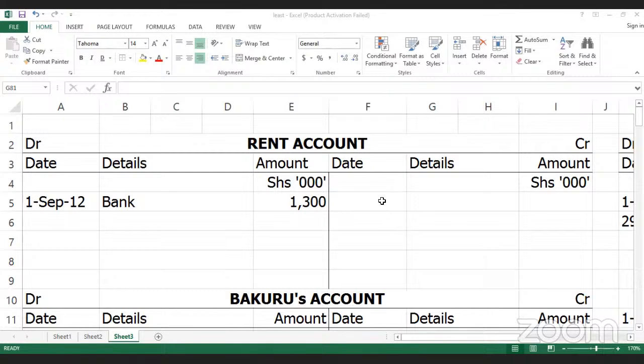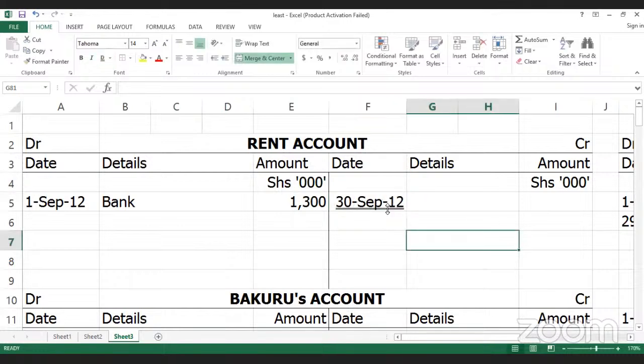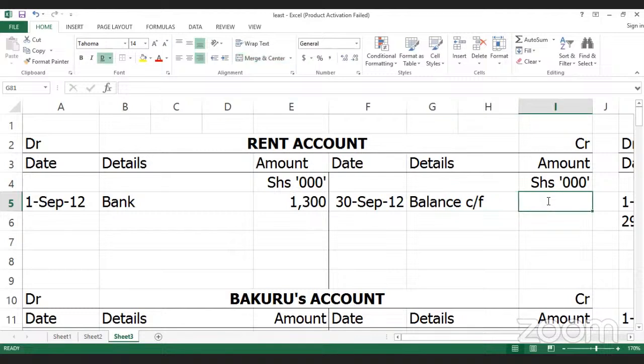So at the end of the month, that is 30th September, we shall balance off this account. So balance carried forward, or you can call it carried down depending on what you want to use, but the meaning is the same.